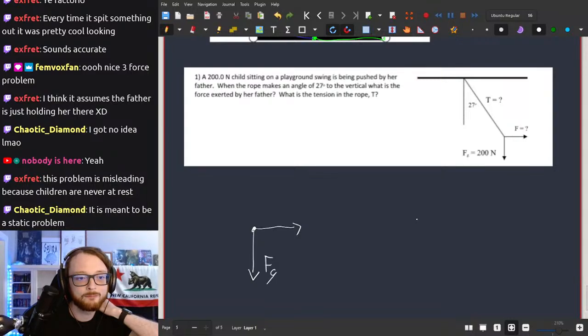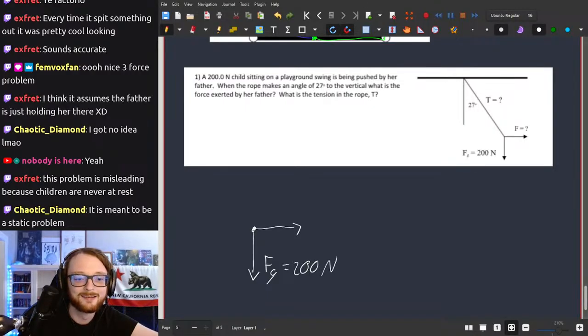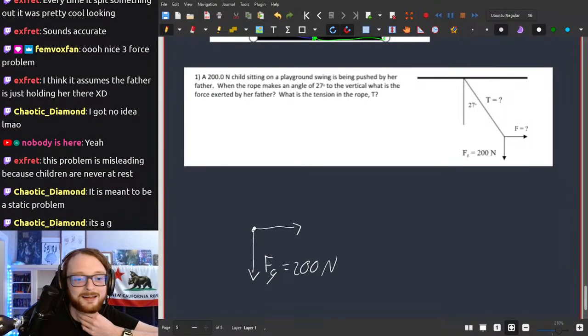So downwards we have the weight of the kid. What letter is that? I'm just going to call it G because I can't read it. It's a G. Okay, I'll say the force of the father is what we want to find for the first part, and then the tension in the rope.